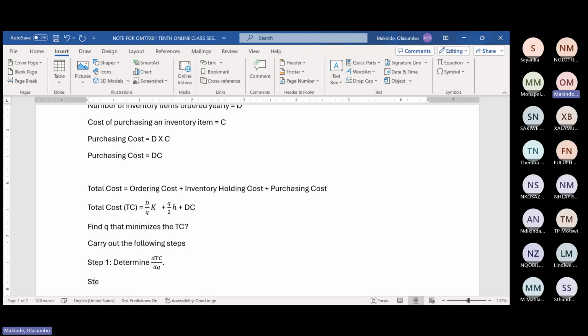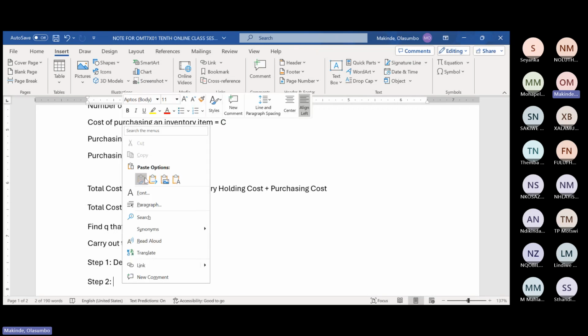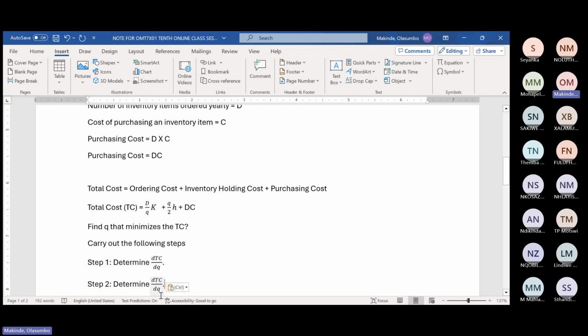Then step 2, you need to go and differentiate the TC, the Q for the second time, meaning that you need to go and find D squared.